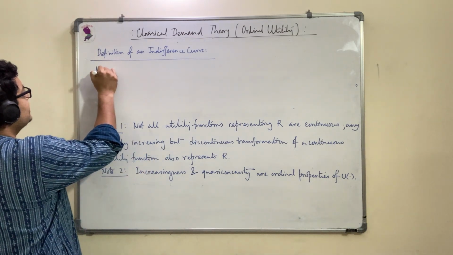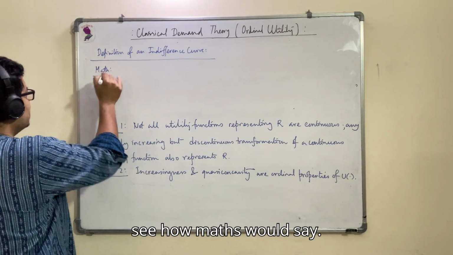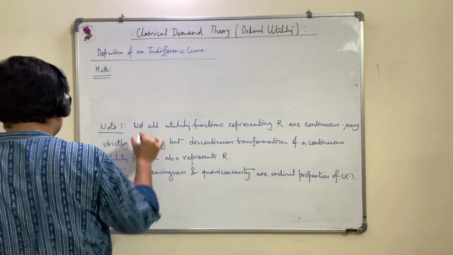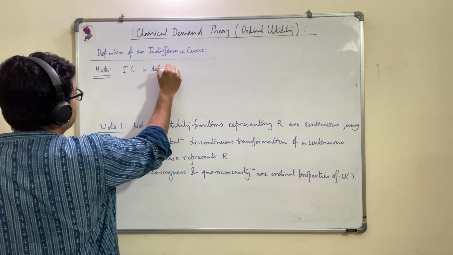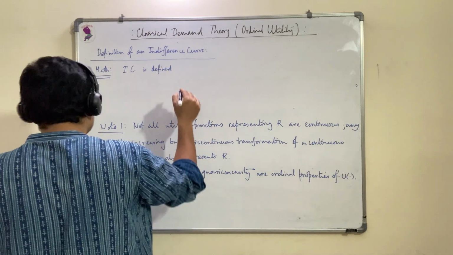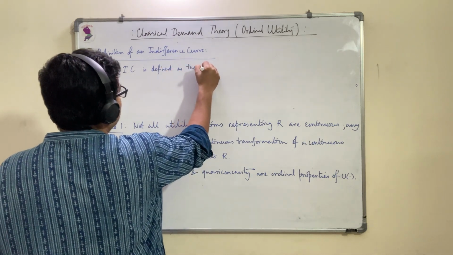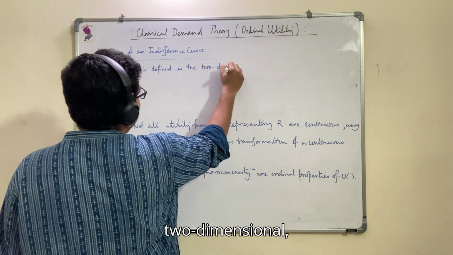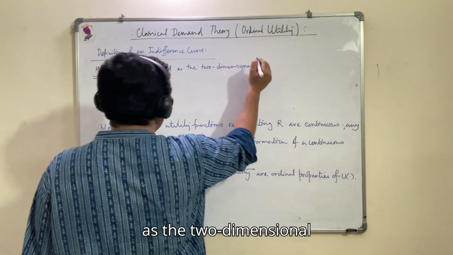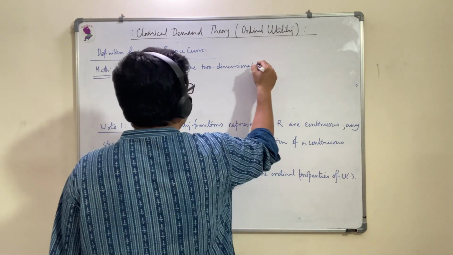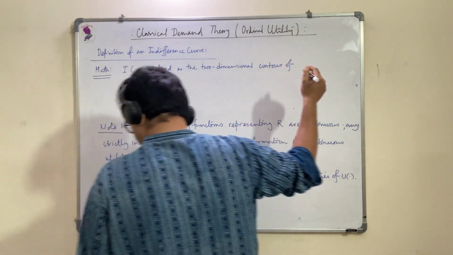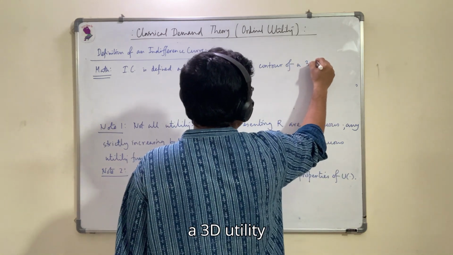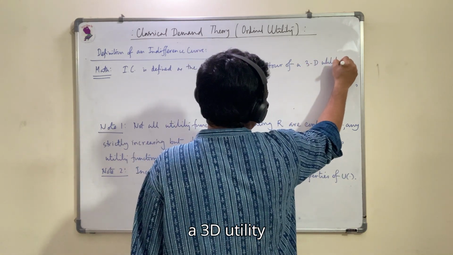Let us first see how in maths we should say it. IC is defined as the two-dimensional contour of a 3D utility function.